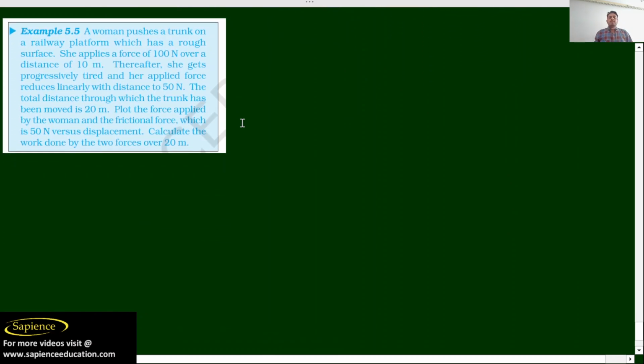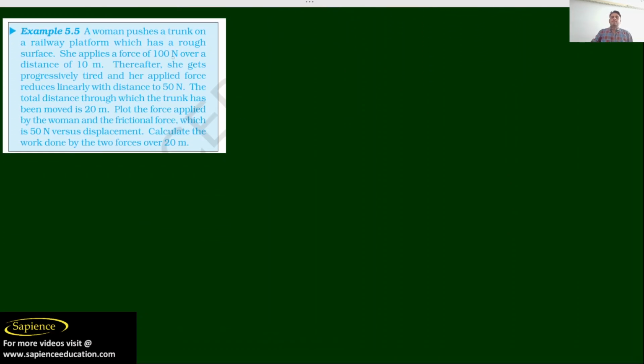Now I will show you with one example how work can be done with the help of a variable force. A woman pushes a truck on a railway platform which has a rough surface.